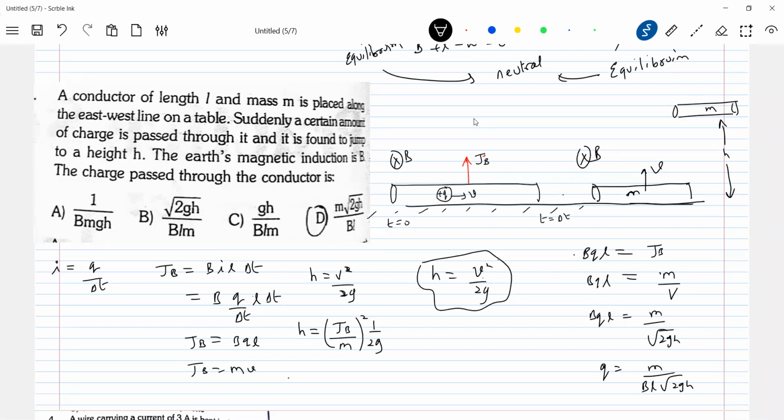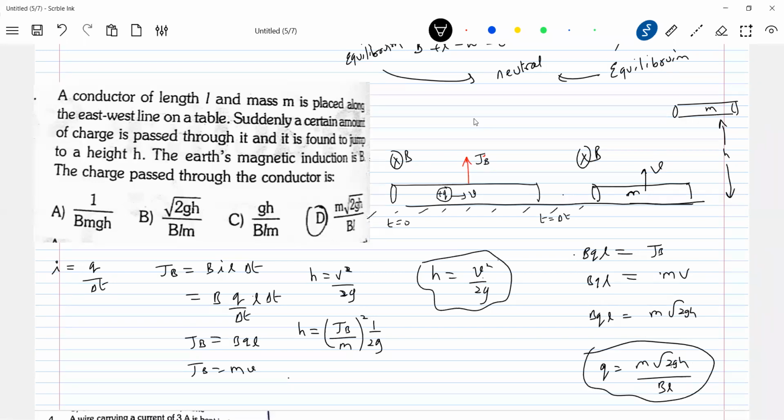So root 2gh is in the numerator. The other part, h equal to v square by 2g, you can write directly from kinematics. No need. I just wanted to show you that whole set of equations.